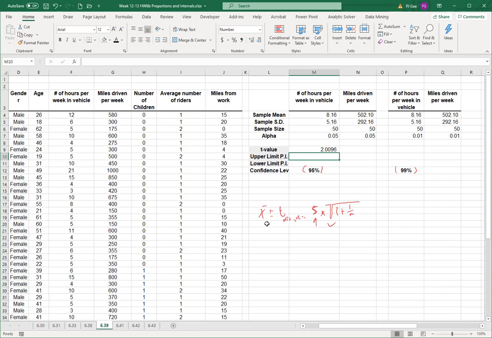So I'm just going to put this whole equation in here. We've sped it up a little bit from the earlier primitive type things we were doing in the earlier problems.